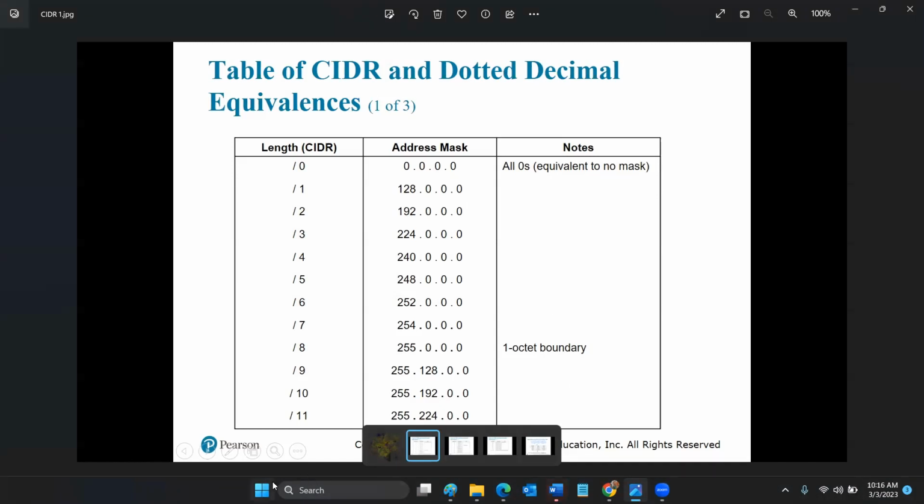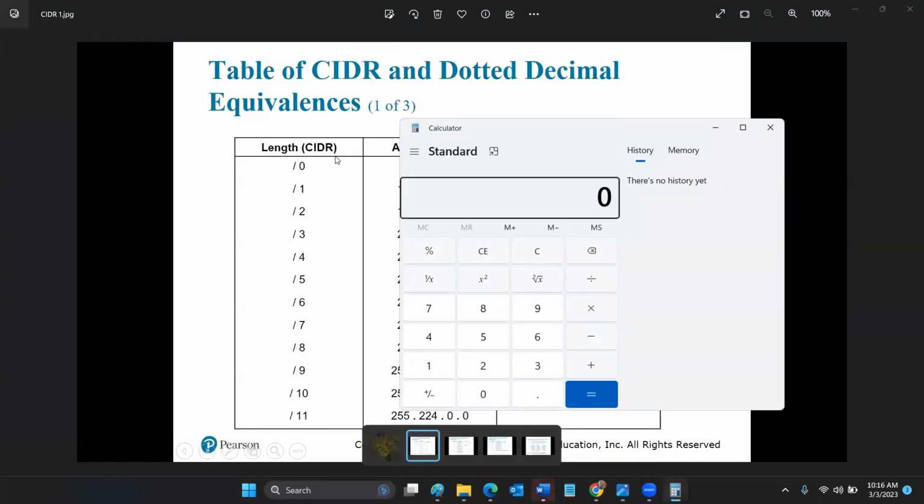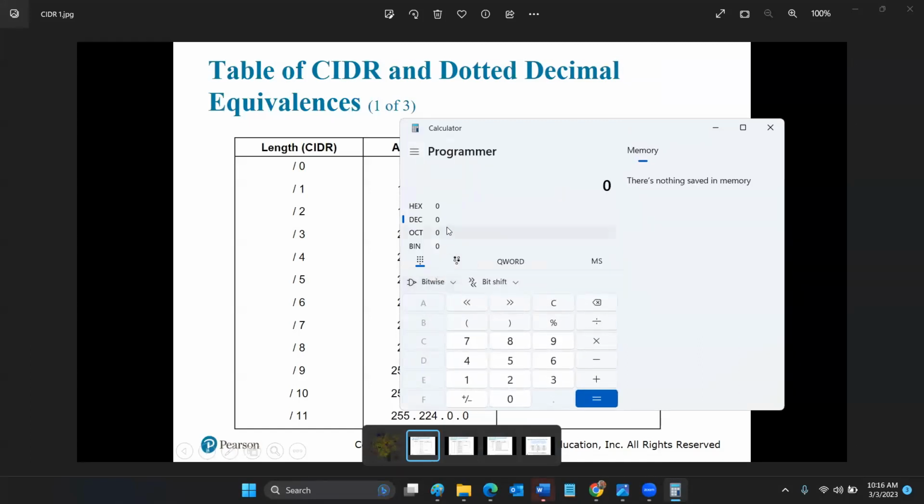Yeah. If you take your handy dandy calculator and you turn it into a binary programming calculator, everybody can see this, right? Yeah. And I click on the binary and I put 10000000. You notice that the decimal equivalent of that octet is the decimal number 128.